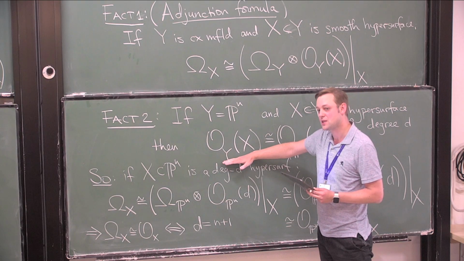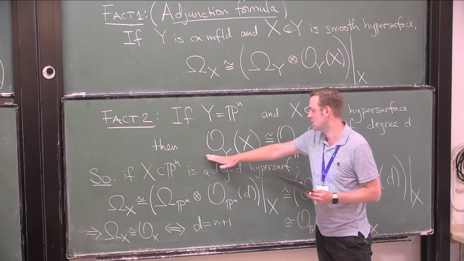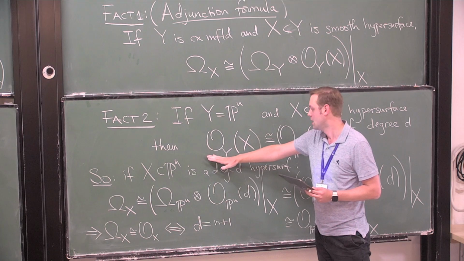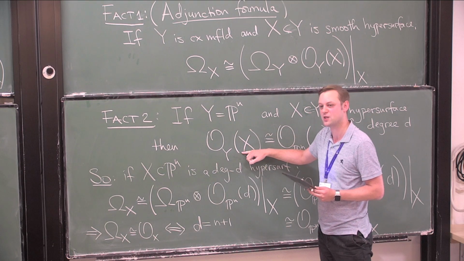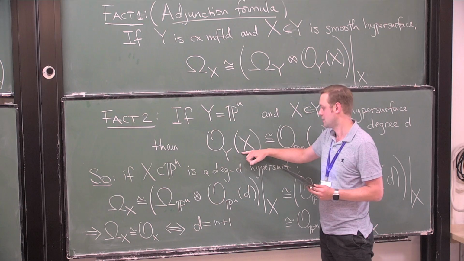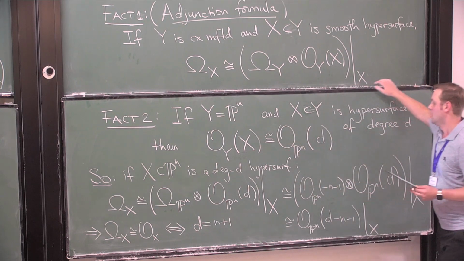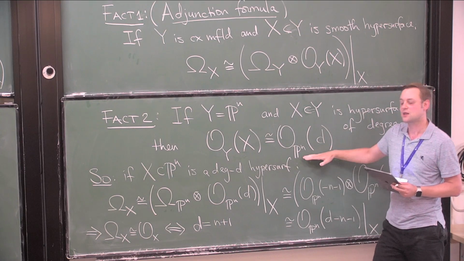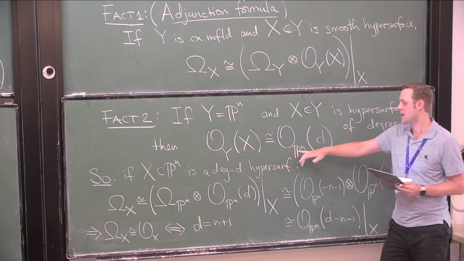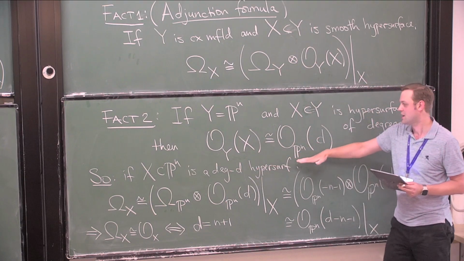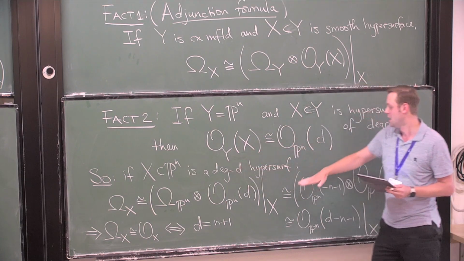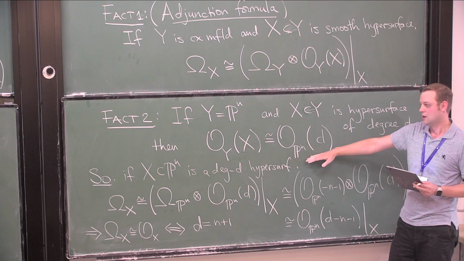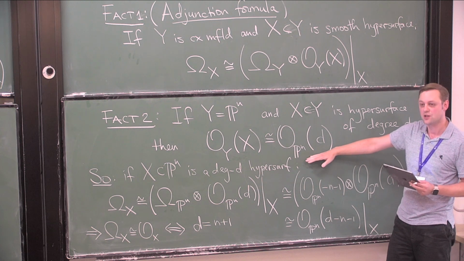One way you can interpret this, I don't know if that will make sense, is that this is the space of holomorphic functions on Y which vanish along the hypersurface X. Okay. That's one way to think about it. But all we really need is just this identity, that when Y is P^n and X is a hypersurface of some degree d, then what these twisting guys are is these O of k bundles, or O of d bundles. It's an ideal sheaf of O_Y. It's the dual of the ideal sheaf. Yeah.